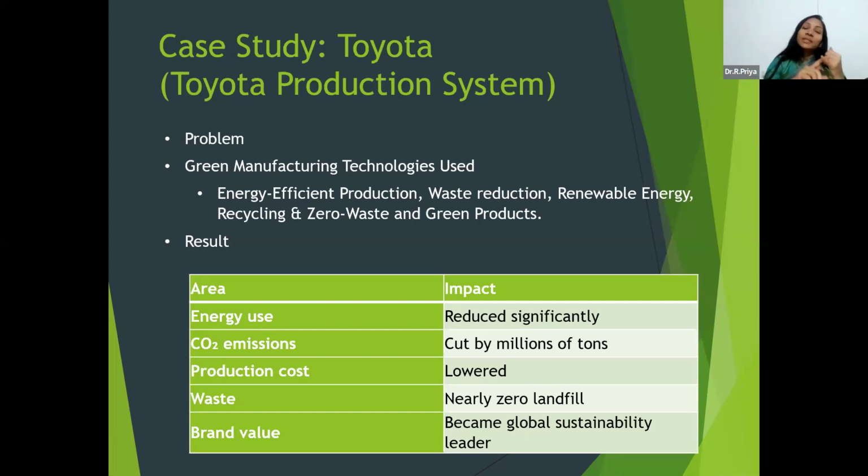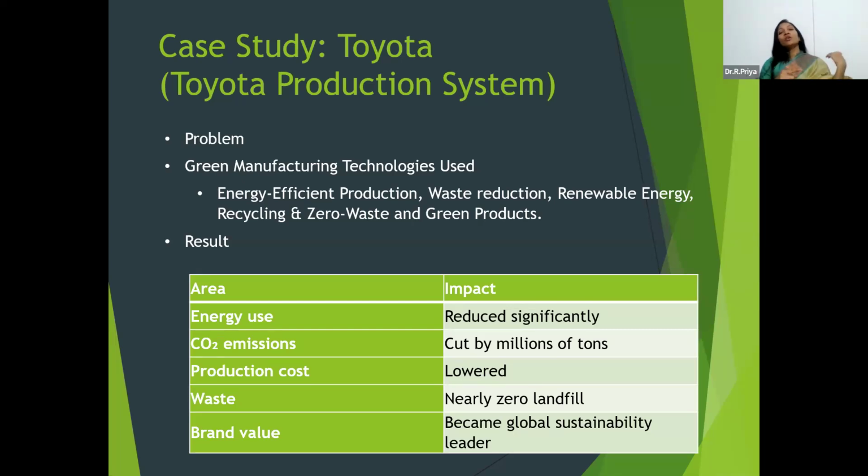The second one is lean manufacturing, I mean the waste reduction technologies. Toyota eliminated overproduction, excess inventory, and material defects.